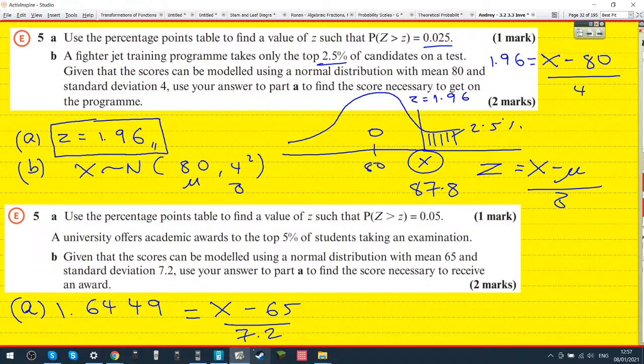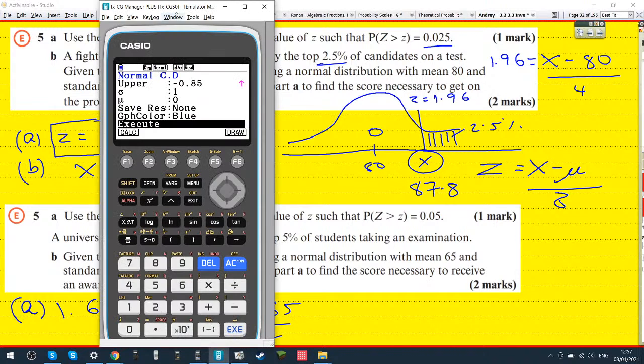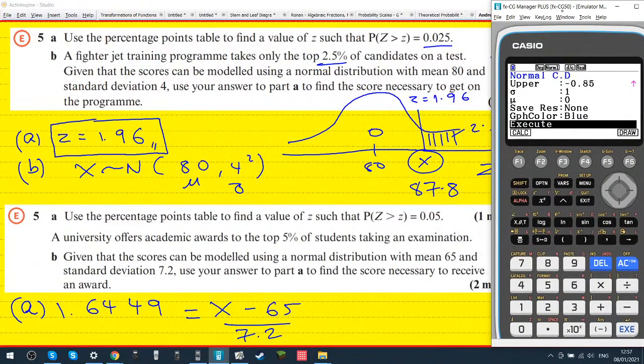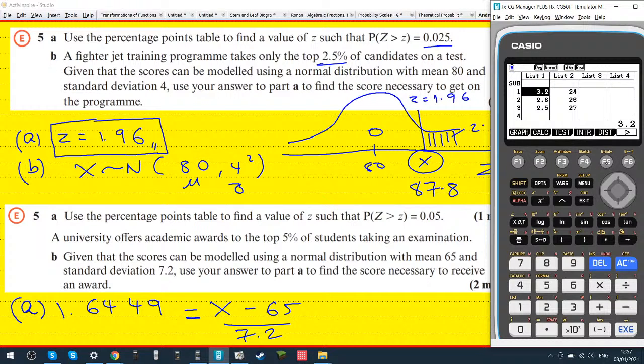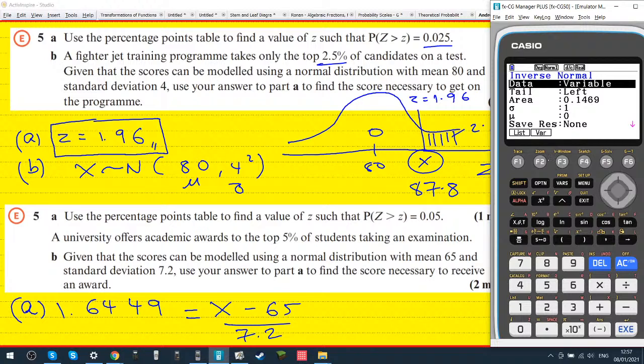So solve that. And then that gives me 76.8.